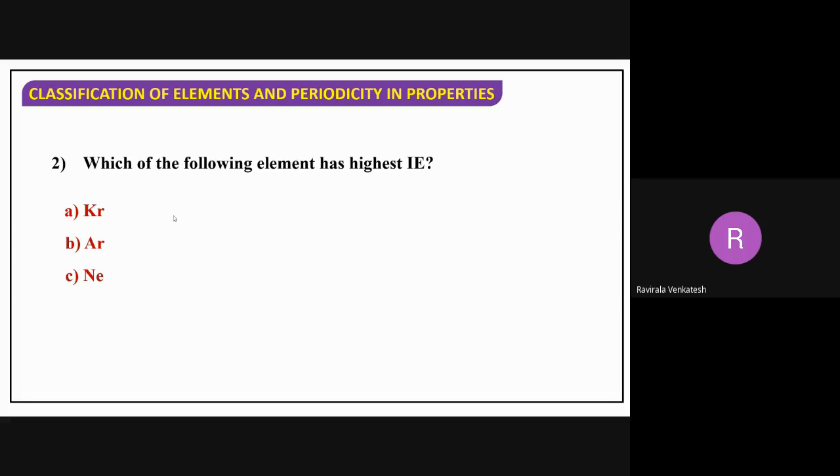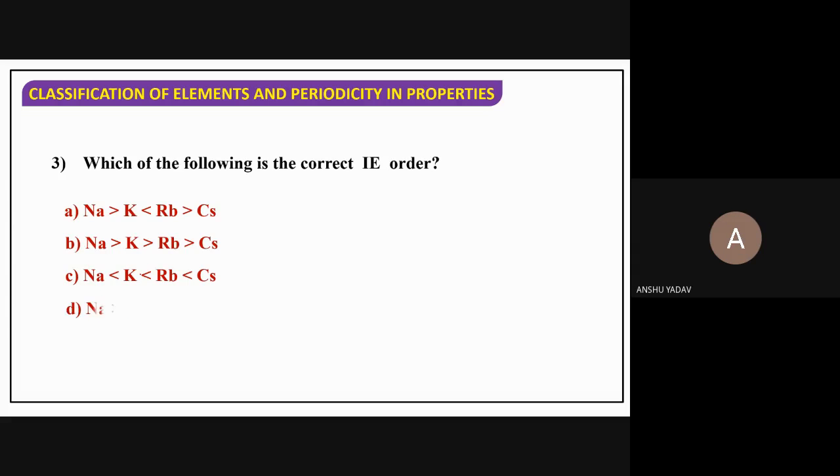Which element has the highest one? Now tell me, are all of them the same group elements? Helium is the highest. Which of the following is the correct order? Do they belong to the same group? Yes. Then top to bottom, ionization potential decreases.